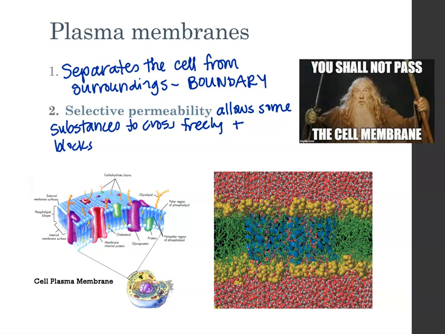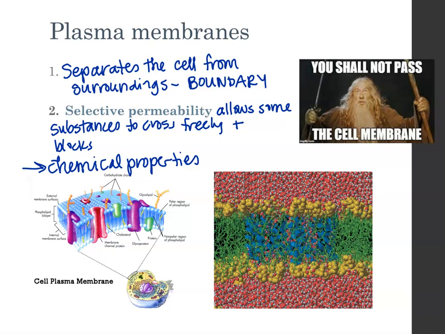Others have to have essentially a gateway or a passageway through that cell membrane. And the way that it does this is based on its chemical properties. Now that might be the properties of the molecule itself that is moving, or it might be properties of the plasma membrane. Usually it's a combination of both.